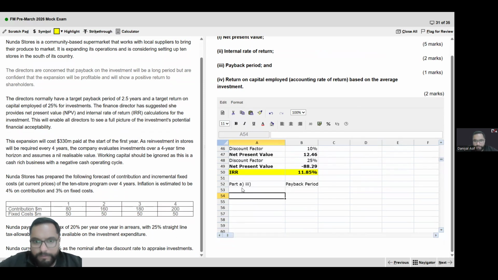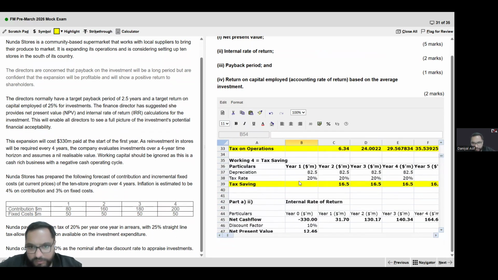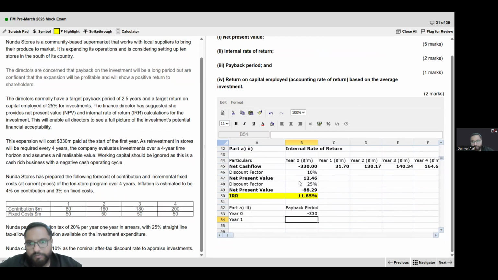Now, year 0 minus 330. Year 1 is, how much do we earn in year 1? 1.7. Year 2 is 130.17.